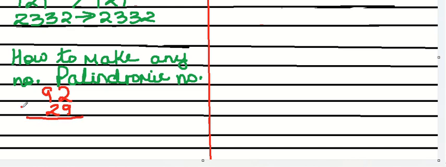And now when you add these numbers, 9 plus 2 is 11, 1 carry over, 9 plus 2 is 11 and 1 is 12. So this becomes a palindromic number.